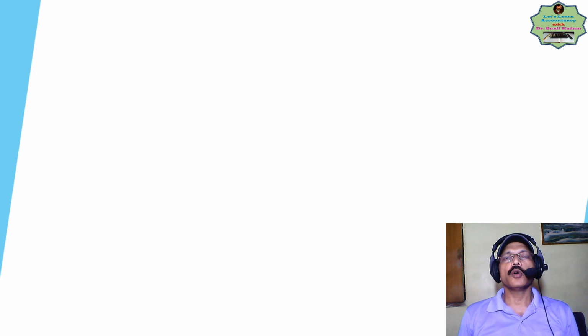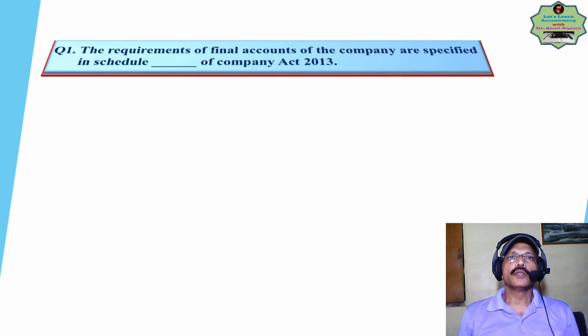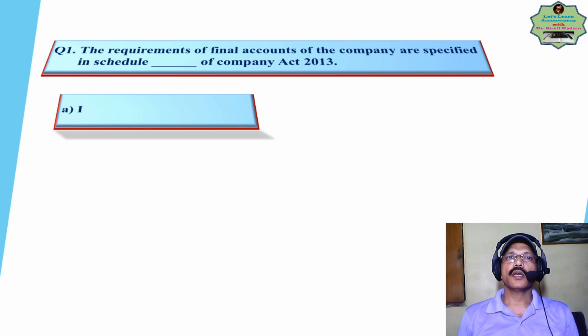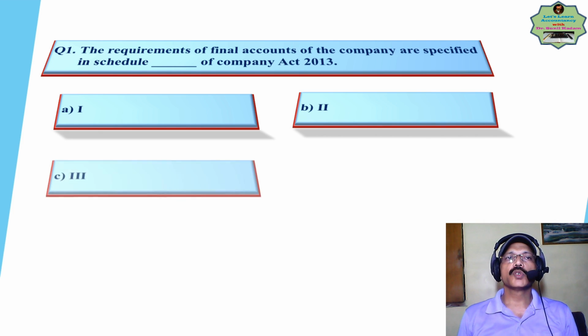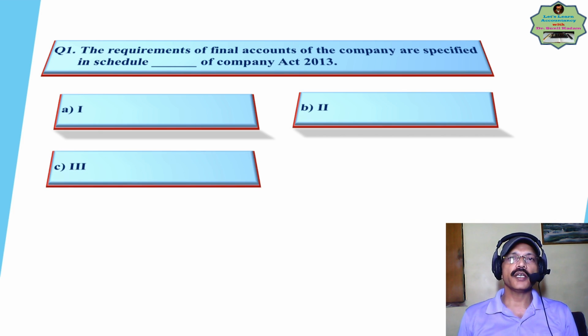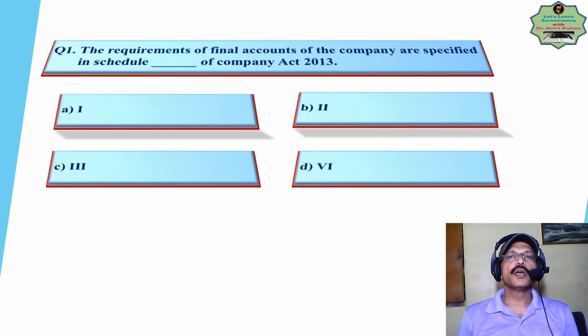The first objective is: the requirements of final accounts of a company are specified in the Schedule dash dash of the Companies Act 2013. The options are: option 1, Schedule 1; option 2, Schedule 2; option 3, Schedule 3; and option 4, Schedule 6.